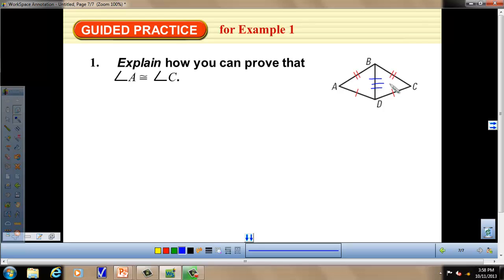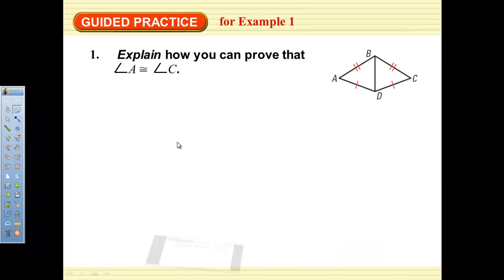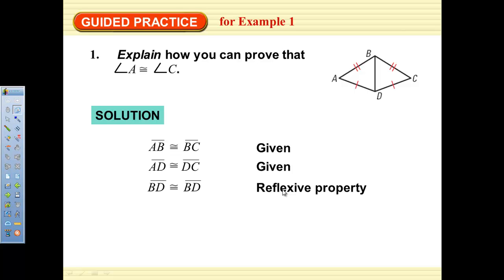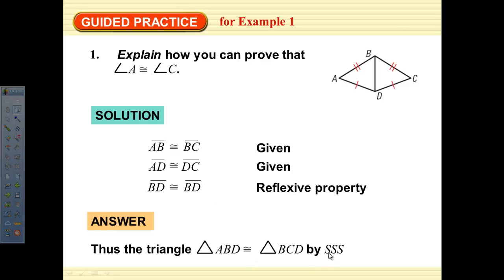Since the two triangles are congruent, we know that angle A and angle C are congruent because of CPCTC. So again, we've got this because it's given, that because it's given. We've got reflexive property for that, and then the two triangles are congruent by side, side, side, and finally A and C are congruent because of CPCTC.